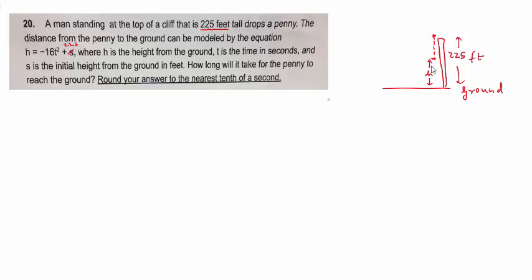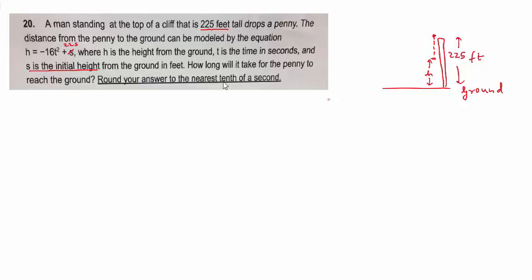The height above the ground is h, and that's given by this equation, where t is the time it takes to fall from the top of the cliff to this point. I hope this is clear to you that s and 225 are the same, because s is the initial height, and the initial height is nothing but the height of the cliff from where the coin is dropped, right? Okay.